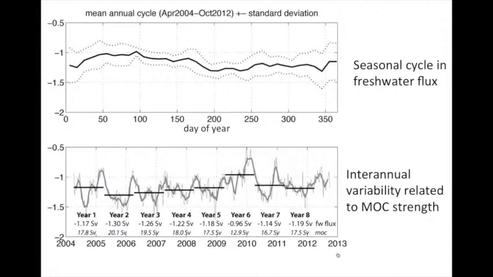These are the values of the freshwater flux in each of those years, and there is the overturning that David Sneed wrote up earlier with the MOC. So the freshwater flux is generally 1.1, 1.2, and then goes down to 0.96 here. You know, that stands out. And that was the year that there was the large downturn in the MOC where it reduced by 30%.